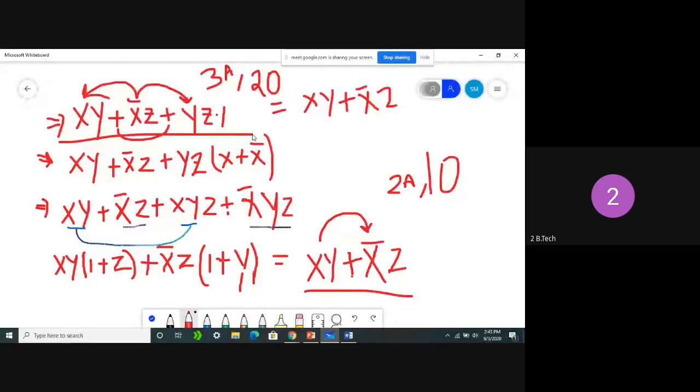If you use the first equation, you need 5 gates, but the same equation can be realized using 3 components. Clear to all of you? Performance is never compromised, but the number of components is reduced.